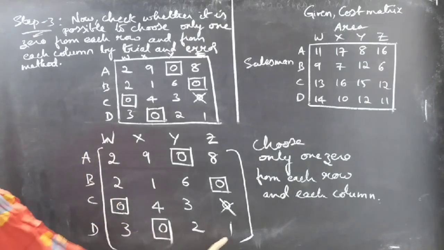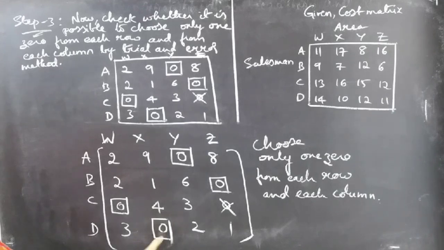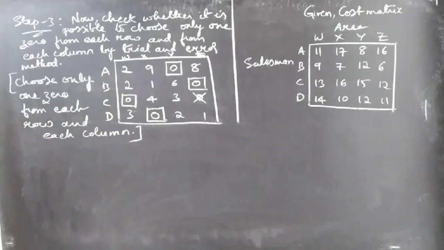Now coming to the last row, we have one 0 here which is assigned, and we have only one 0 in X, right? So we have made a proper assignment here.